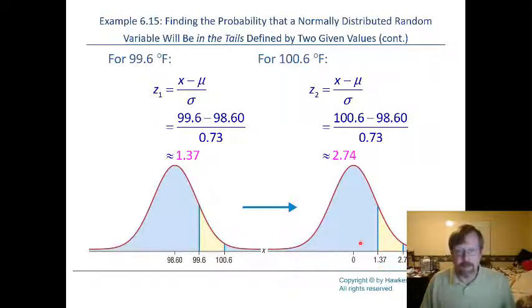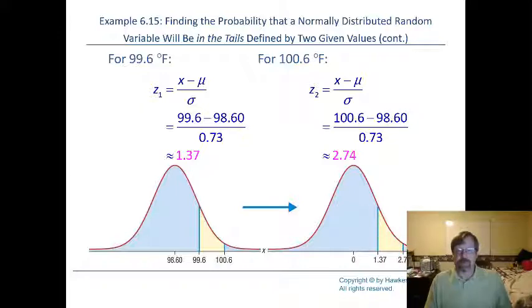Remember that the z-score is the distance from the mean in terms of standard deviations. So we need to find the sum of these two areas, this one and this one. So this one we can just look up in the table easily.